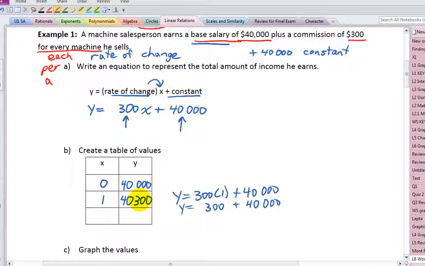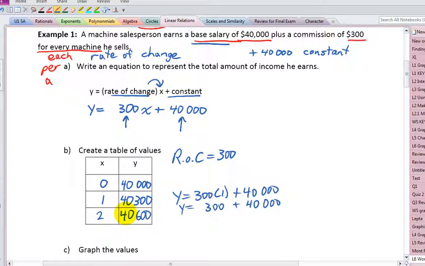What if he only sells 2 machines? How much would he make? 40,600. Okay, he adds another 300. You can see from the pattern, each time, what are we increasing by? We're increasing by the rate of change, which is 300.